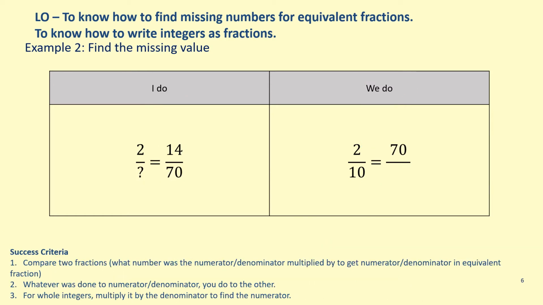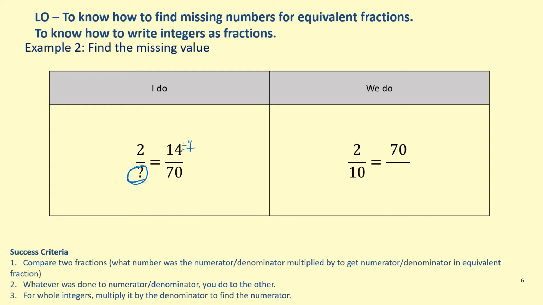Example 2. Find the missing value. The missing value in these equivalent fractions is the denominator. I see that I've got 14. How did I get from 14 to 2? 14 divided by 7 is 2, because 2 times 7 is 14.